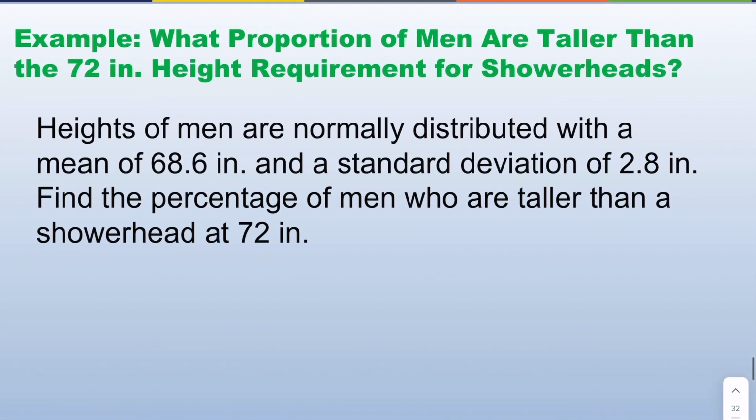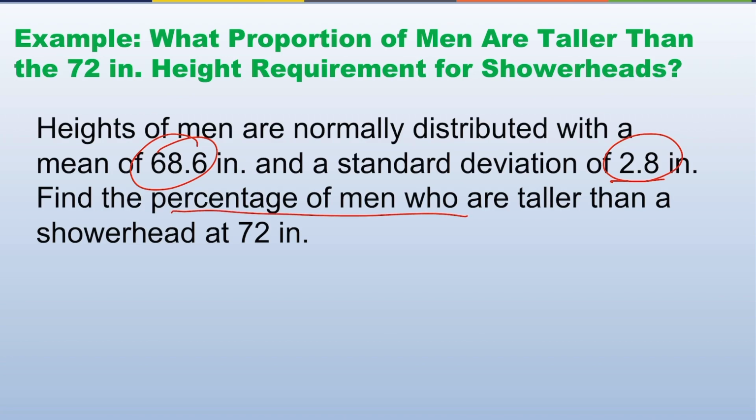Okay, here's an example. What proportion of men are taller than 72 inches? So, height requirement for shower heads. All right. Heights for men are normally distributed with a mean of 68.6 inches and a standard deviation of 2.8 inches. Find the percentage of men.